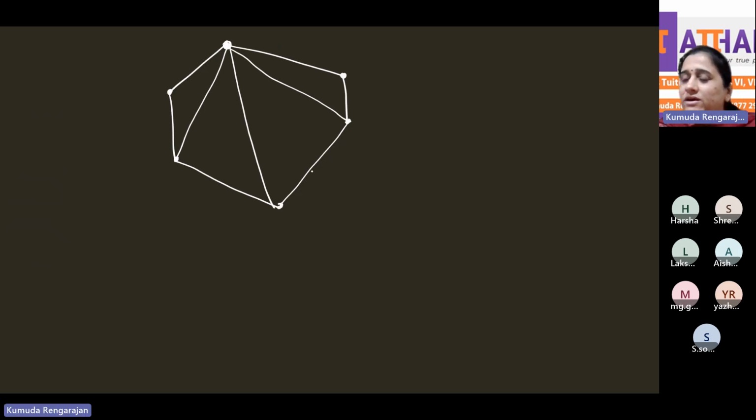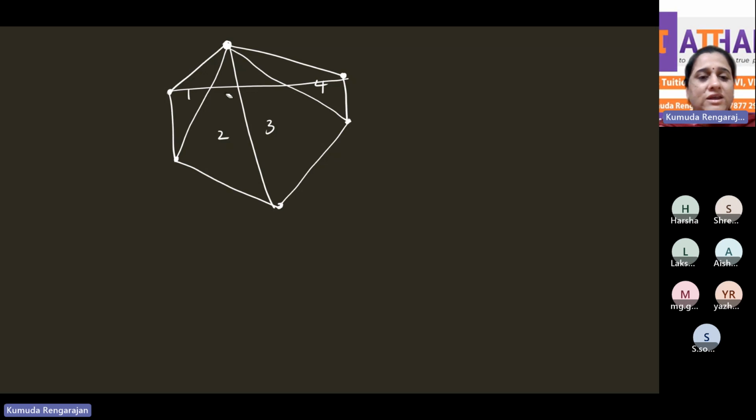This way, we are able to divide the hexagon into 4 triangles. See, you should not cross over. Now, don't say, why did you not draw like this? No, you should not cross over like this. When you put the 4 triangles together, you should get the hexagon. So for that, this is sufficient.